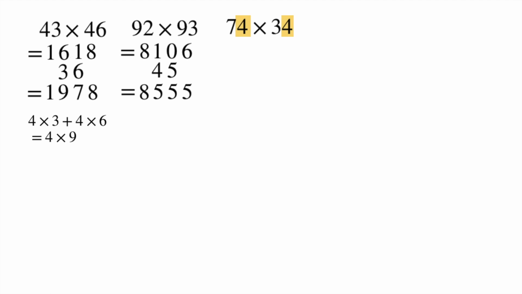When one's place is common, left times left. Common one's place times tens places sum, 4 times 10.